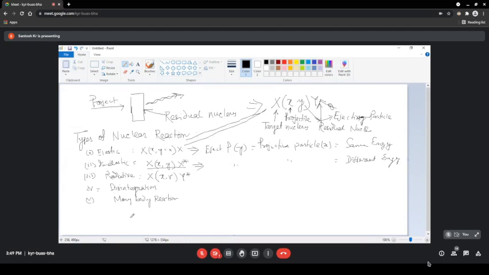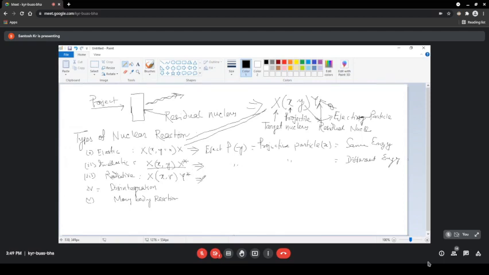Then it will emit gamma. That's why it is named radiative; it radiates gamma. So this is known as radiative reaction. Is it okay, Brahmanand?